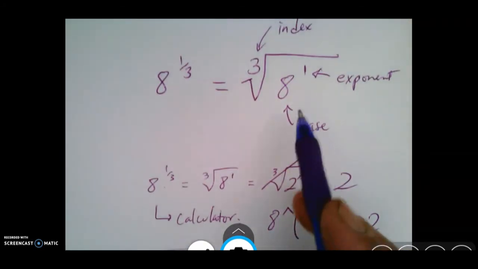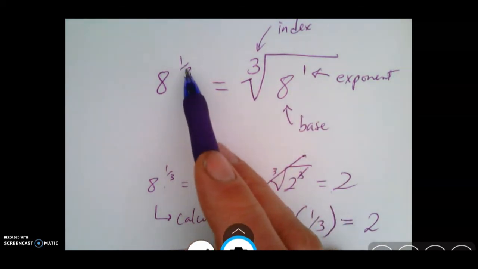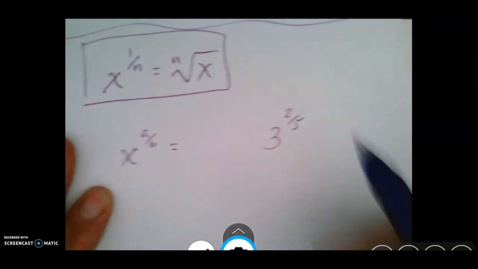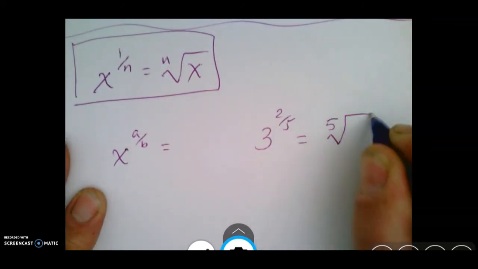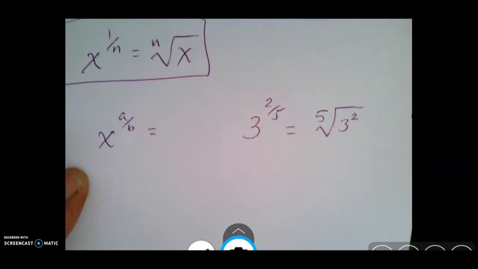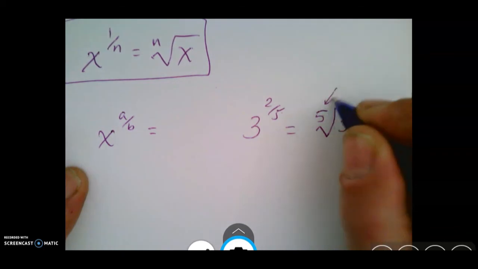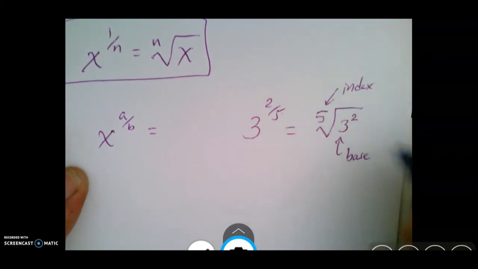And let's look back to our rule here, the index and the exponent. Index, exponent. So 3 to this power, that'd be the 5th root of 3 squared. So again, this number becomes the index, 3 is the base, and 2 is the exponent.